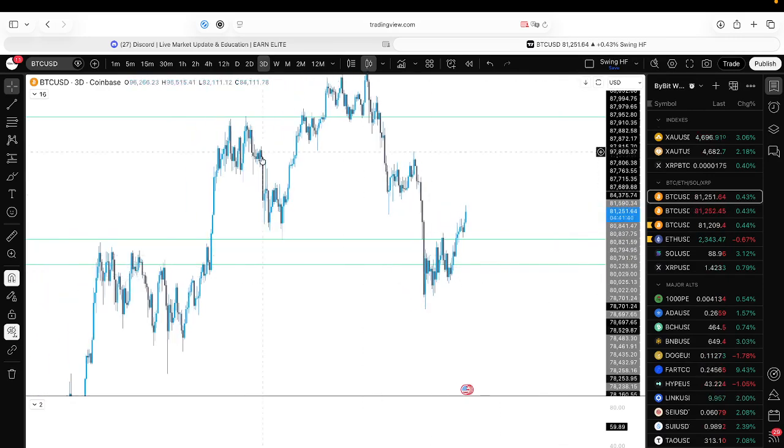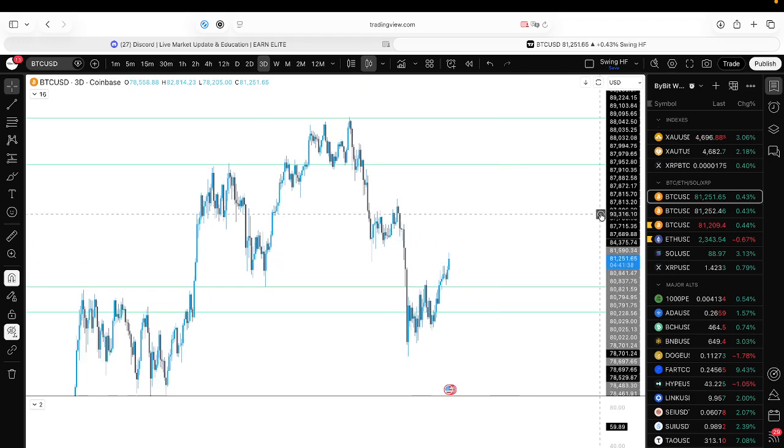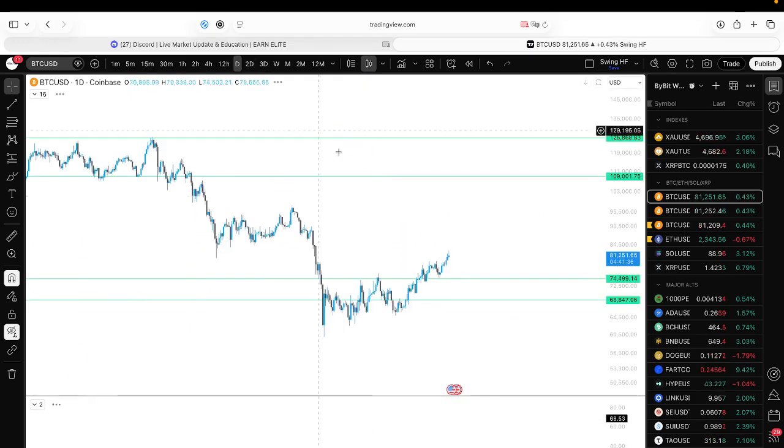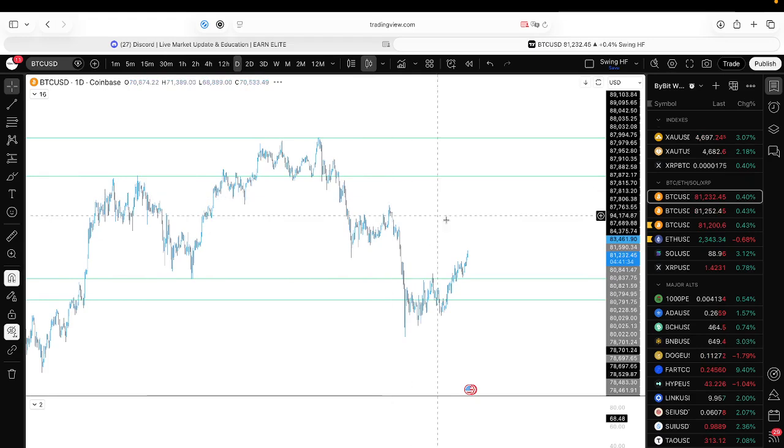Again, here you can see how well it's respected on the levels. Then you can go on the daily. So on the daily, you can already see that we have this support here, then turn it into a resistance here, down, up, support again here, as you can see it's the same level, up.